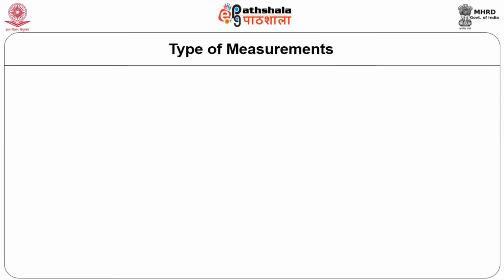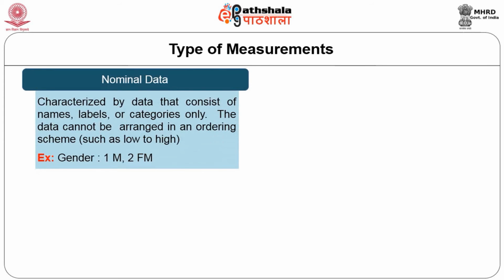You should also know the different types of data you will encounter in the analysis of statistics. Basically we have 4 types of measurement of data. One is nominal data, which consists of names, labels or categories. The data cannot be arranged in an ordering scheme such as low to high.